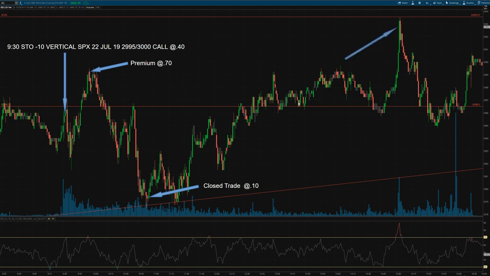What happened was the market went way up, and the high of that market was 29.90. So you can imagine if you're sitting here waiting for that position to expire and it goes up to 29.90, you're five handles away from the short leg of the trade, and you were sitting on a very nice profit down here.